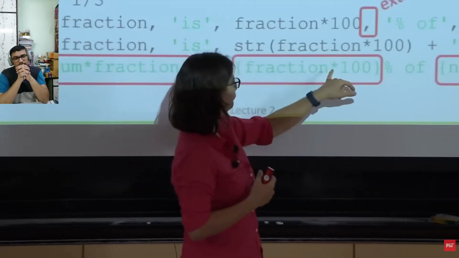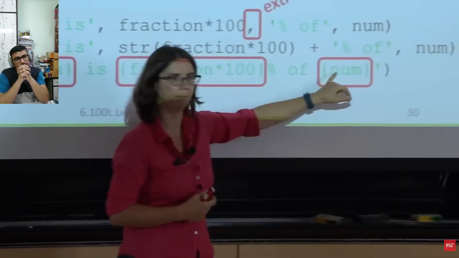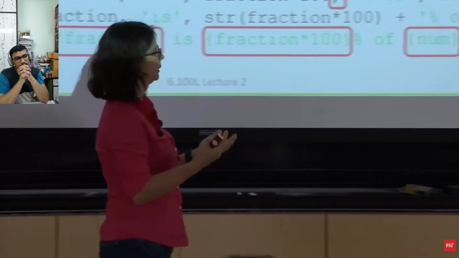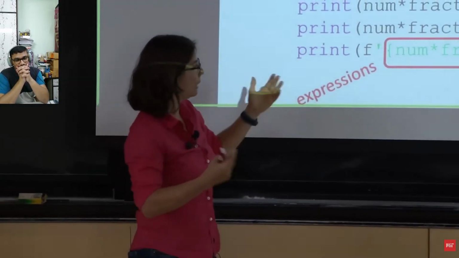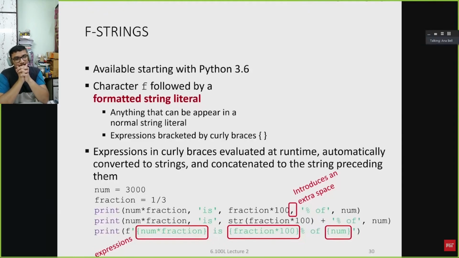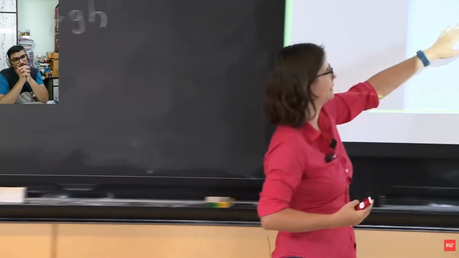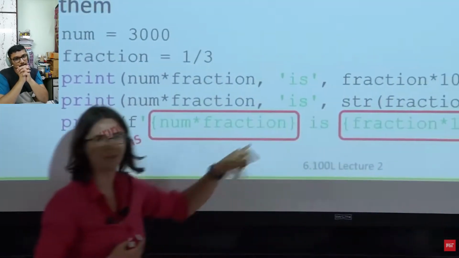And then later on, fraction times 100, and then later on num. These are all variables or expressions that it will evaluate before actually putting them on the screen. And now notice these expressions we might have had to cast to strings beforehand if we wanted to concatenate them, but now we don't because they're in this special format with the curly brackets of the F string. So just something to practice. I'll interchange. I'll use sometimes this, I'll use sometimes casting, I'll use sometimes F strings.